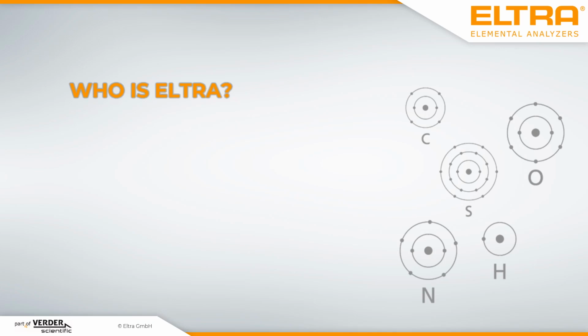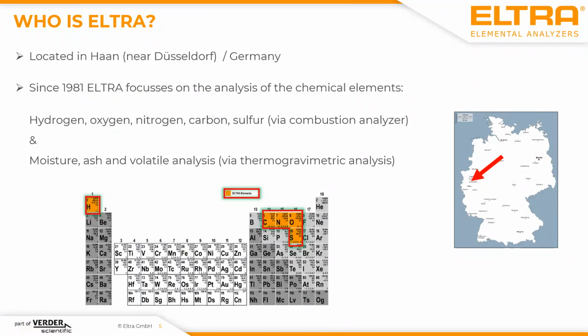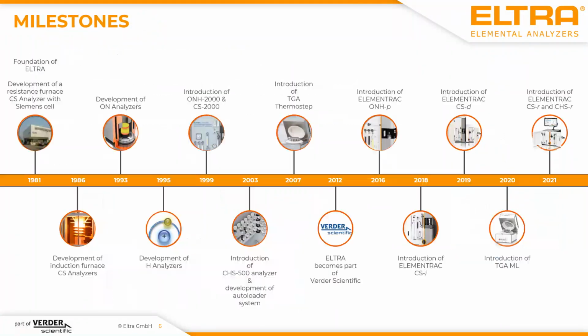First, I would like to give you a short introduction of ELTRA. ELTRA is located in Germany in a small city, Haan, which is near to Düsseldorf. Since 1981, we are focused on the analysis of the light elements carbon, sulfur, oxygen, nitrogen, and hydrogen. And in addition, of course, we also have thermogravimetric analyzers. ELTRA started with carbon and sulfur analyzers in 1981.